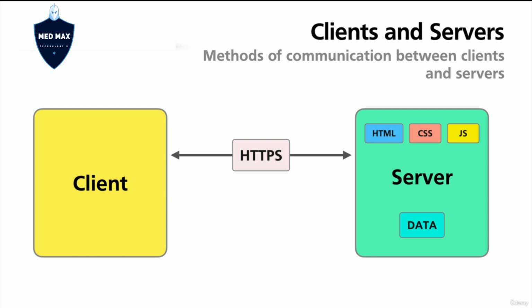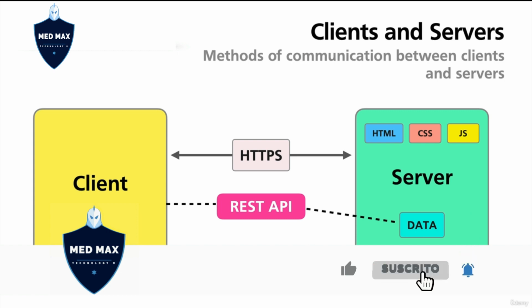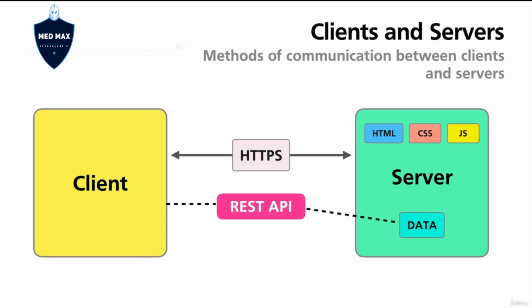This is where some sort of language spoken and understandable by both clients and servers has to be used. The first of the most commonly utilized such languages is REST API. REST API is an application programming interface that conforms to the requirements of the REST architectural style and allows for interaction with RESTful web services.